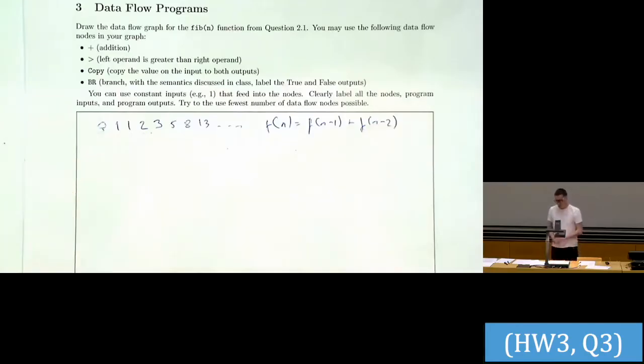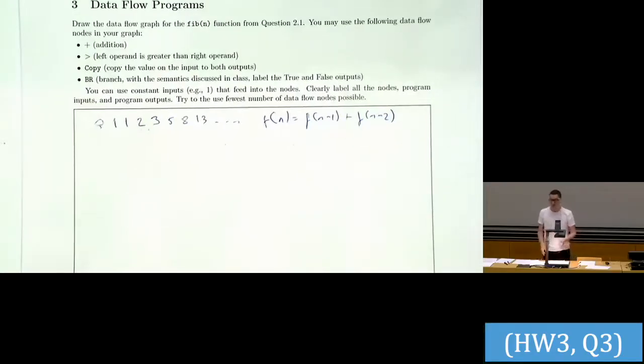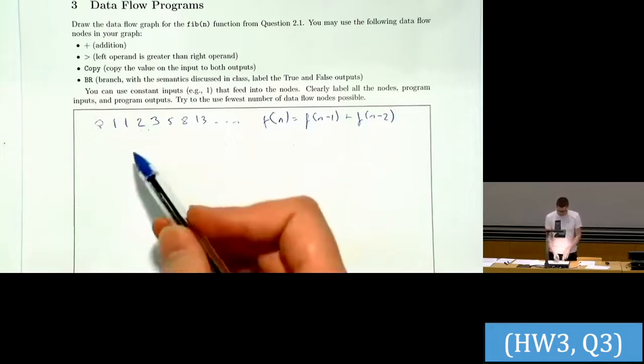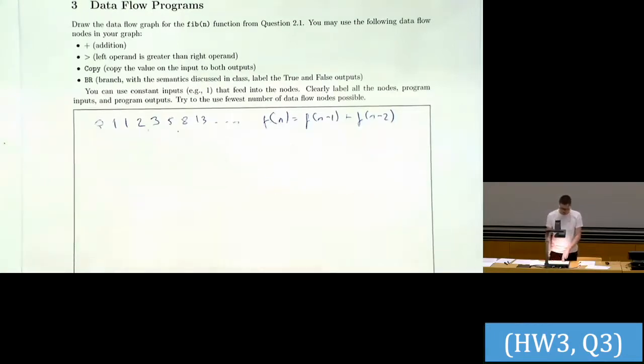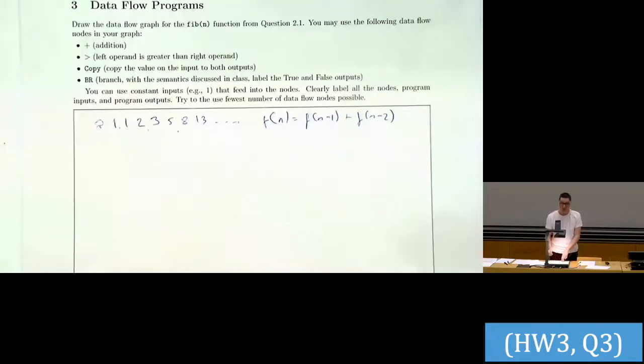You can implement this in a recursive manner, but it is, I guess, more difficult in Dataflow. The iterative version is easier, where you basically start with 0 and 1, and then the next number is the sum of the previous two numbers.